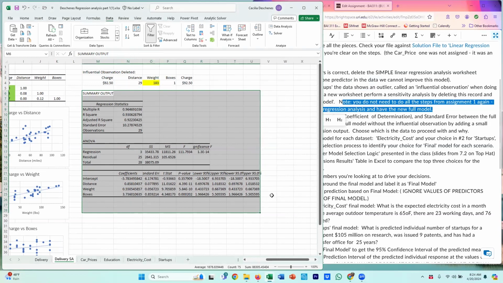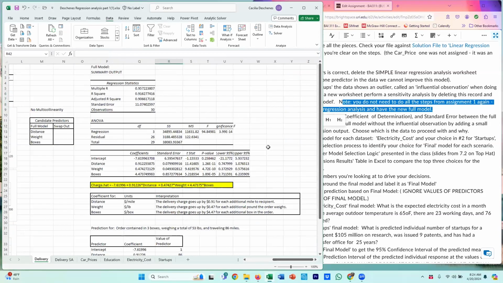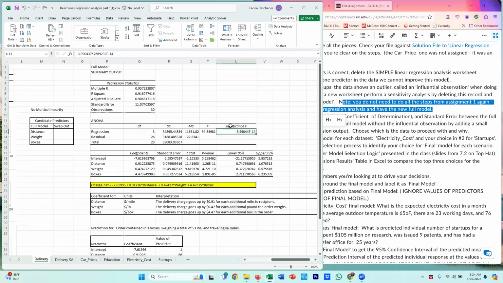Okay, so now we run this. Oh, by the way, I should have said this. Let me back up a second. We should have always checked the joint significance. Before I did any predictions or anything, this is the p-value of the joint test.